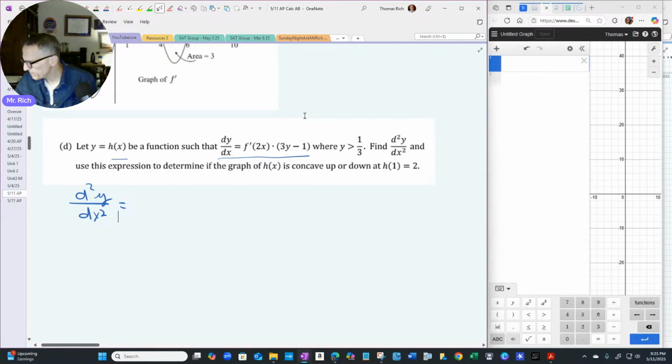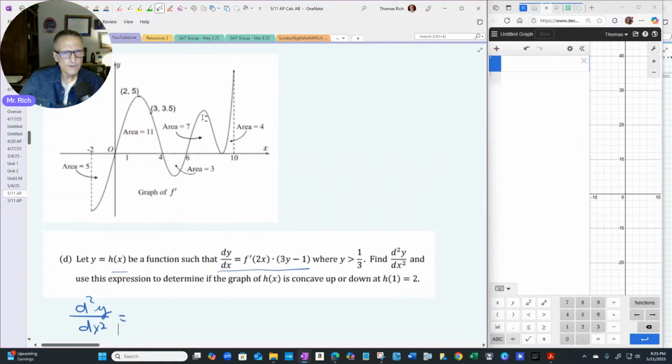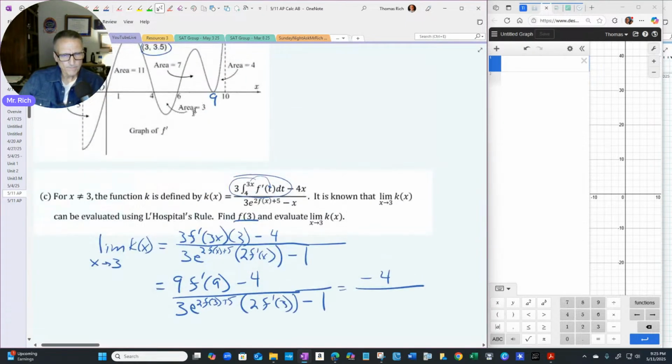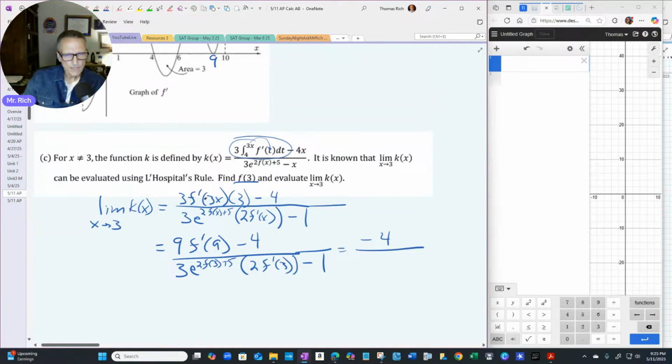Okay, so H.G. Shaw was asking, where did the 3x come from with your derivative? Let's go back up here. This derivative. Yeah, so I guess you're wondering about this 3x right here. Well, that came from the fact that when I take the derivative of the integral, the upper limit 3x is going in for the dummy variable right there.